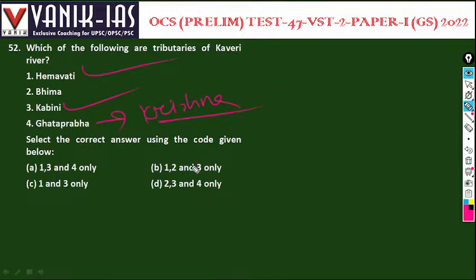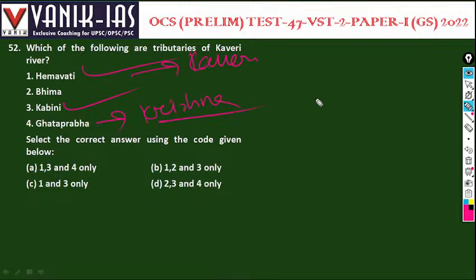And Hemavati is a tributary of Kaveri River. But Bhima River is in Western India.